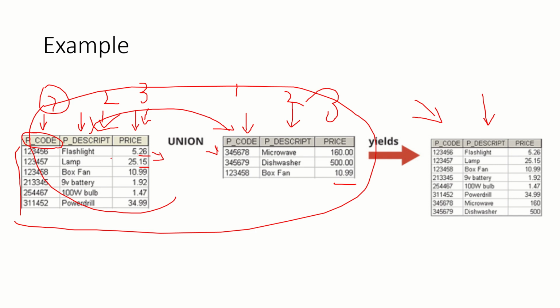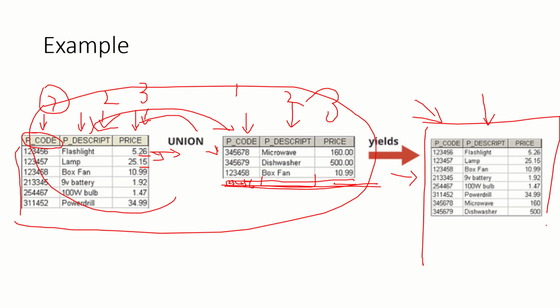So for example, if right here we have something that is 1, 2, 3, 4, 5, 6, which is the same as this one, if you combine them together, this line will be deleted. They produce this unique table.